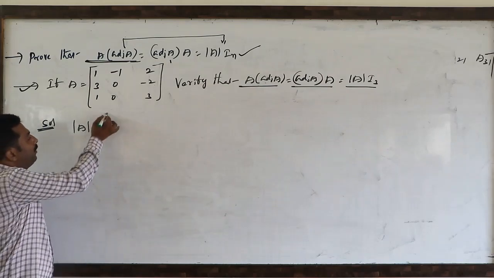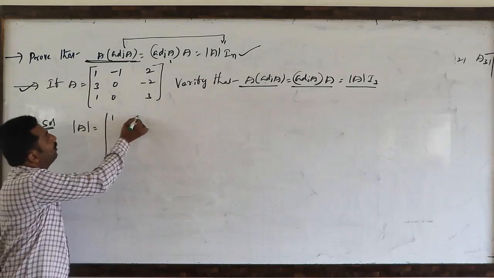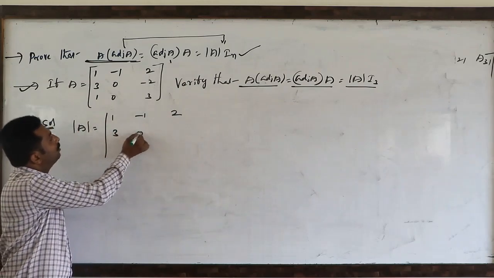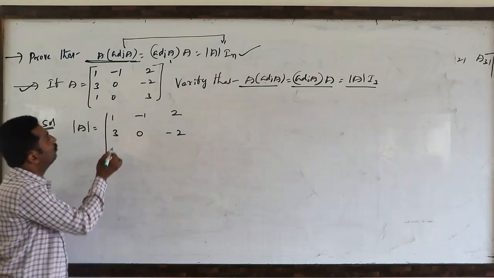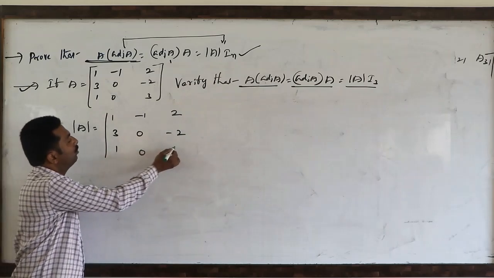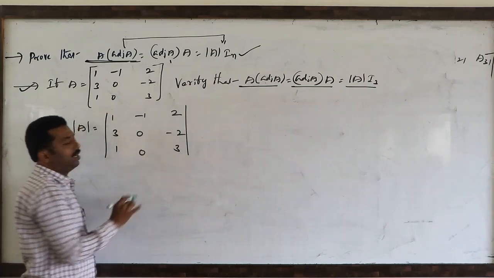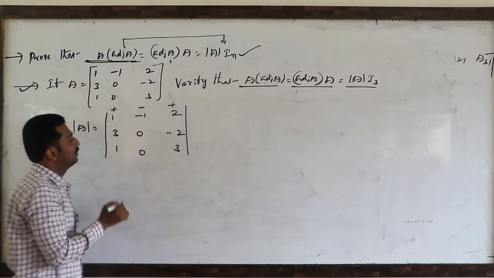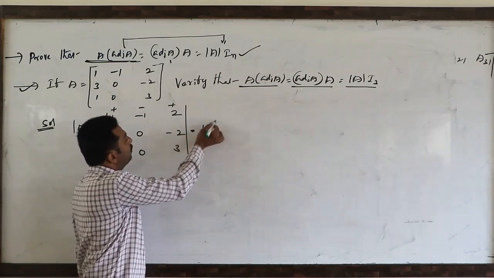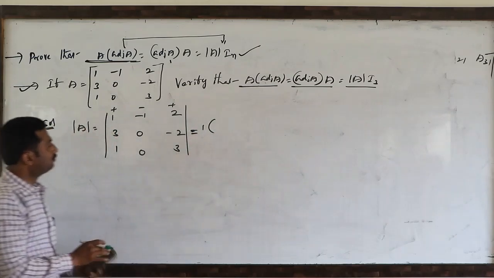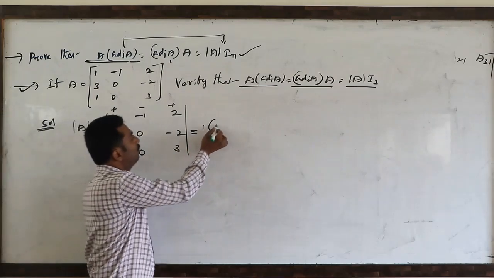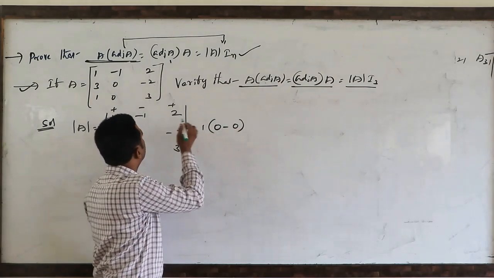So determinant of A means determinant of 1, minus 1, 2, 3, 0, minus 2, 1, 0, 3. How to expand: plus, minus, plus. So this is 1 into, you close this row and this column, this is 0, minus 0.